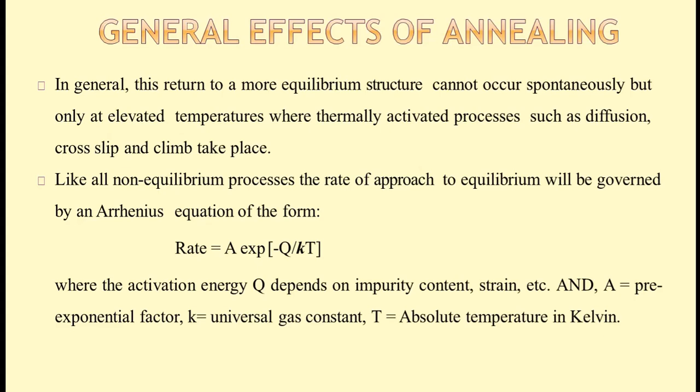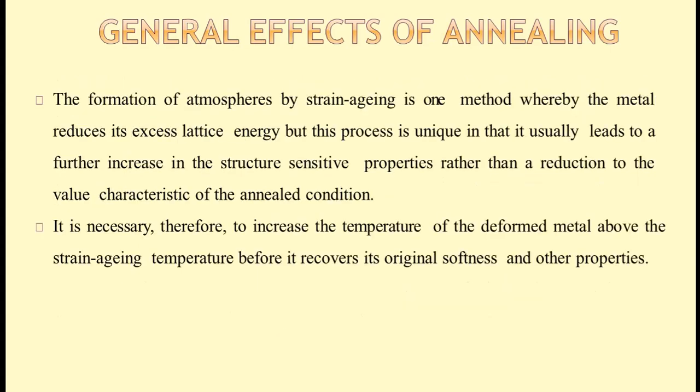Like all non-equilibrium processes, the rate of approach to equilibrium will be governed by the Arrhenius equation of the form: rate equals A into e to the power of minus Q by kT, where Q is the activation energy which depends on the impurity content, strain, etc., and capital A is the pre-exponential factor, small k is the universal gas constant, and capital T is the absolute temperature in Kelvin.